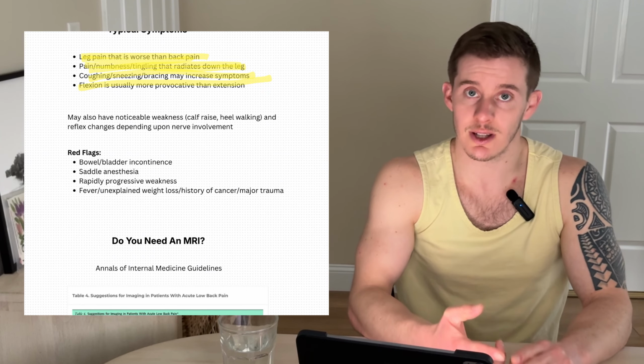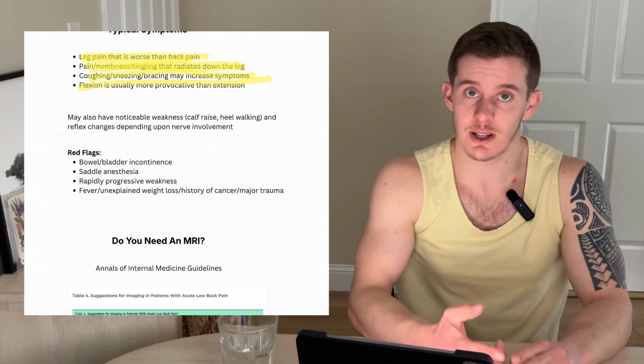Now, there are several good reasons why you shouldn't get an MRI right away if you don't have those specific situations or symptoms going on. And that is, one, many of the things that you're probably going to see in your MRI are unrelated to the pain and limitations that you're having.